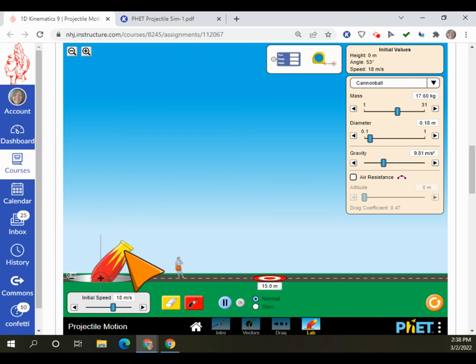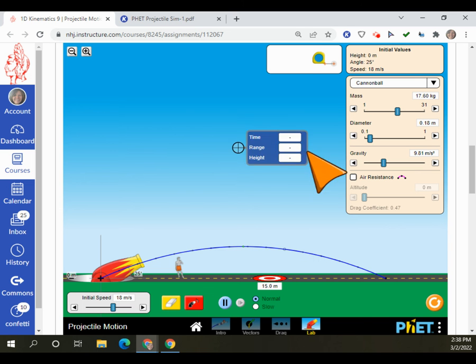My cursor is making it difficult, but if you notice, there's an angle up here that we can see the measure as well. So 25 degrees. Okay, there's 25 degrees. I hope this dude moves out of the way. All right. And let's go ahead and fire.